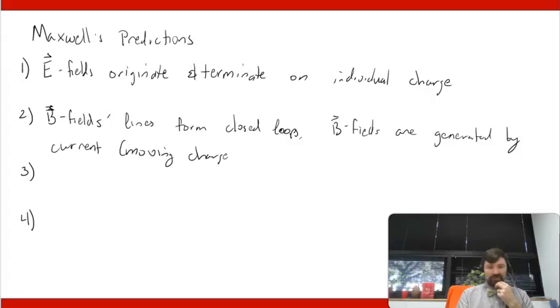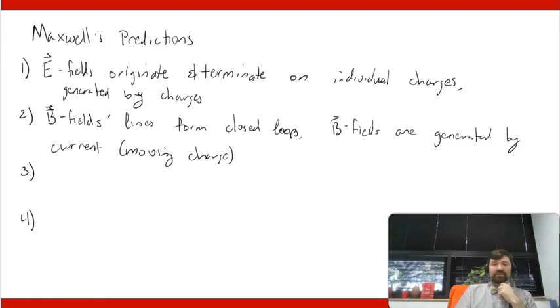Now note that we've already said that E fields originate and terminate on individual charges and are generated by those charges, and that if we move charges, then that changes our fields. So these two statements already mesh together to make a sort of prediction that if you're changing the E fields, that also produces B fields. Put differently, in order to produce a B field, you have to change the E field in some way.